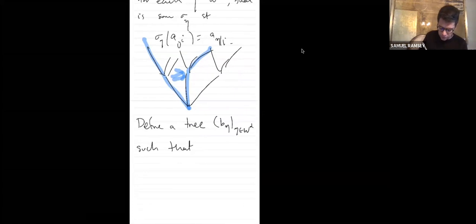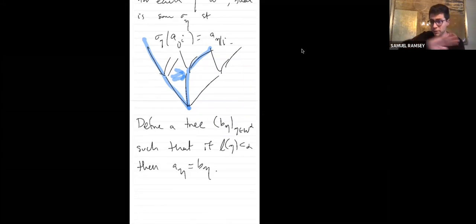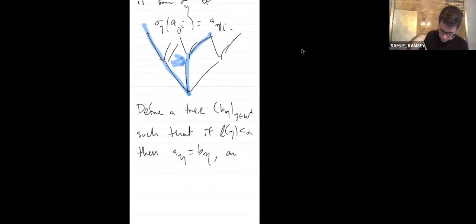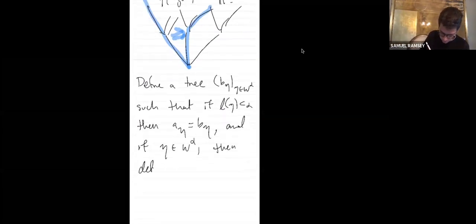I want to say that if eta is less than alpha, then A eta equals B eta. So if it's not of the highest level, I don't change anything. I leave it as before. And if eta is in omega to the alpha, if it's at the highest level, then I define B sub eta.